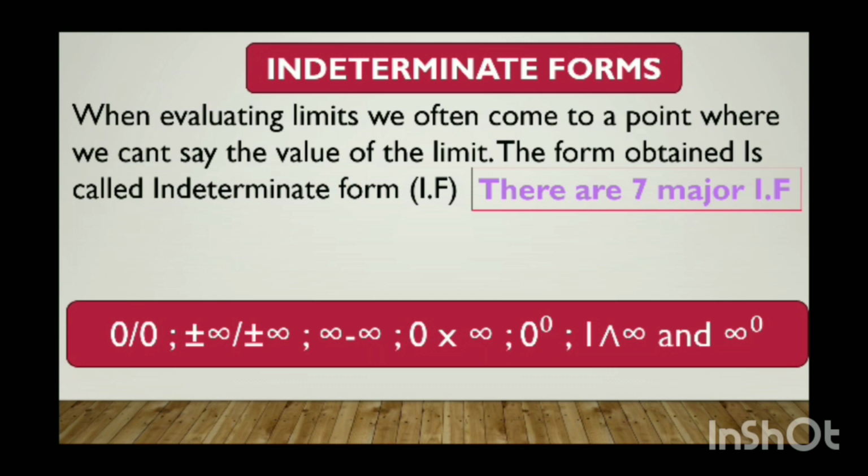So infinity minus infinity, we cannot tell. It is not necessarily 0, and therefore it is an indeterminate form. Any number times 0 is 0, but that doesn't mean 0 times infinity is 0. It is indeterminate. So these are the 7 indeterminate forms in mathematics.